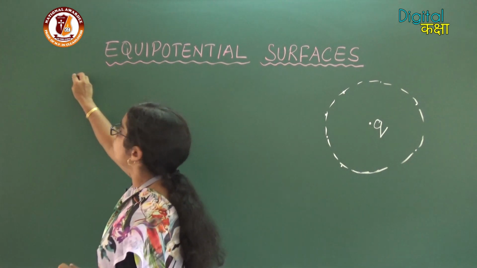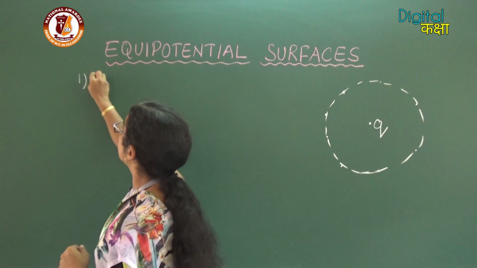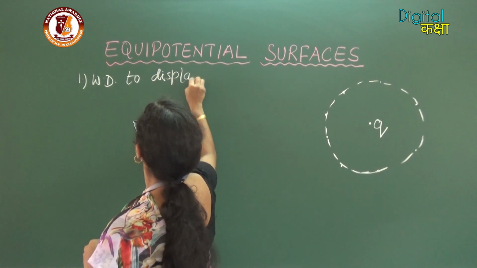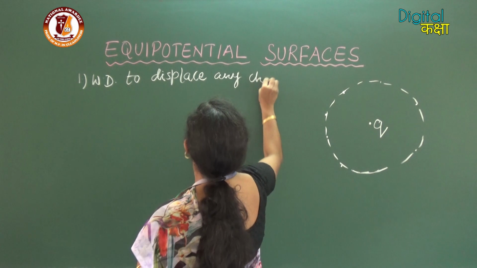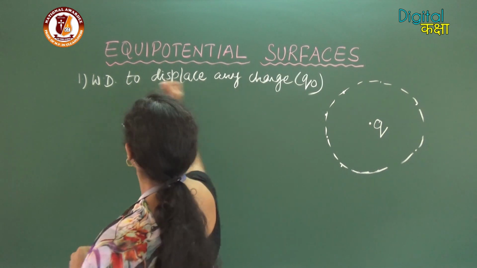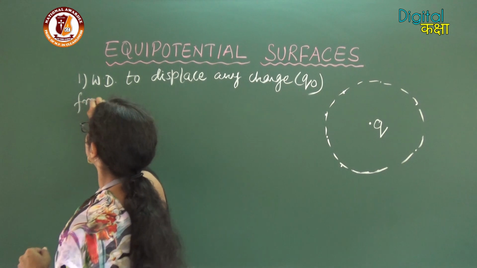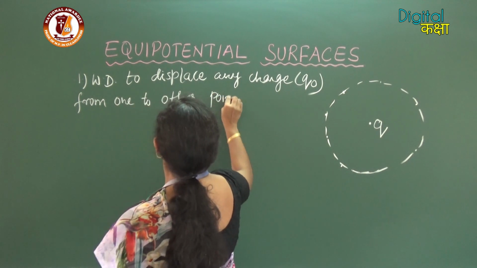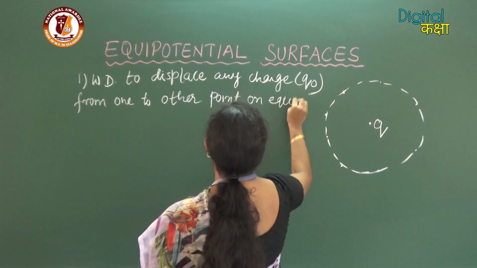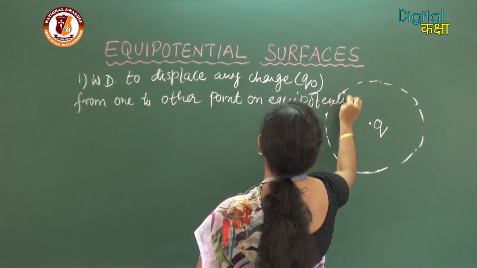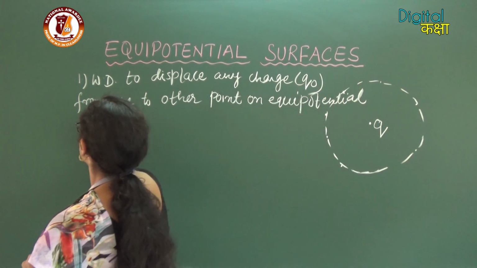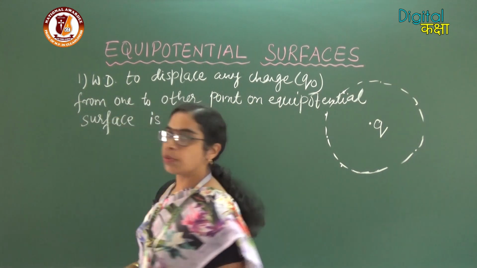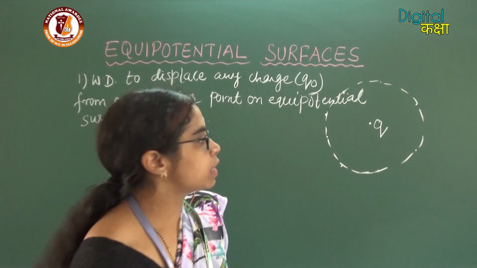The first property of the equipotential surface is that the work done to displace any charge from one point to another on an equipotential surface is 0. Now, how is it possible?